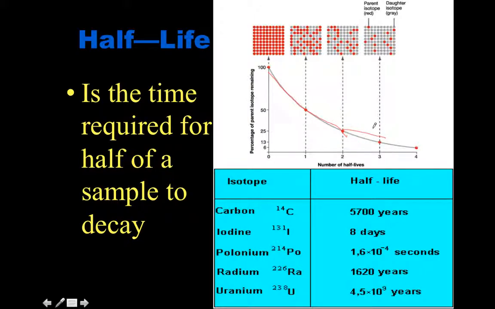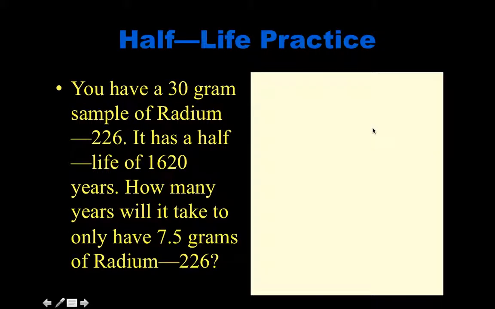A lot of math problems use half-life situations. So here we have an example of half-life practice. We have a 30-gram sample of radium-226. And it has a half-life of 1,620 years.